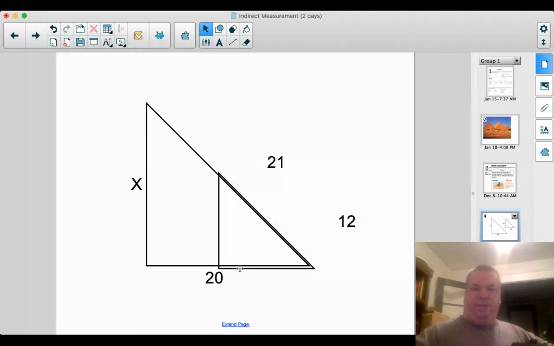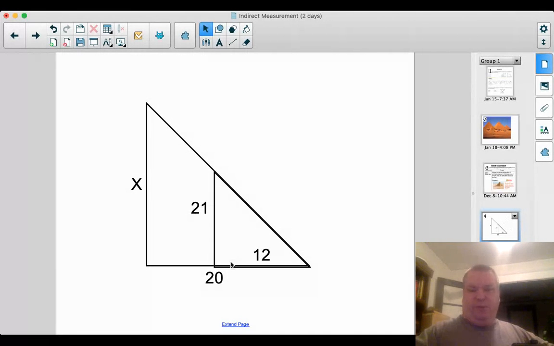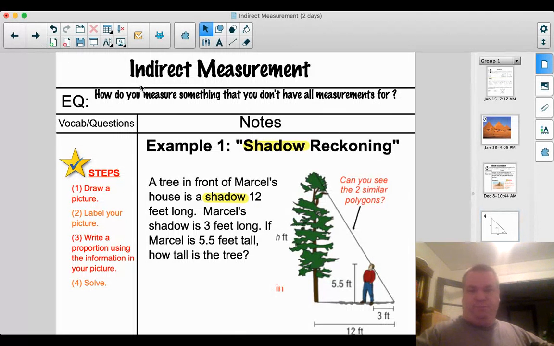But that can be kind of hard to see when they're overlapping like this, especially if we did something like not telling you this whole side was 20, but saying this was 12 and this is 8, for instance. You would have to add those together to get the whole side. So if you're getting confused by the pictures overlapping, it might be a good idea to move them apart. It's not a big deal, but some advice.